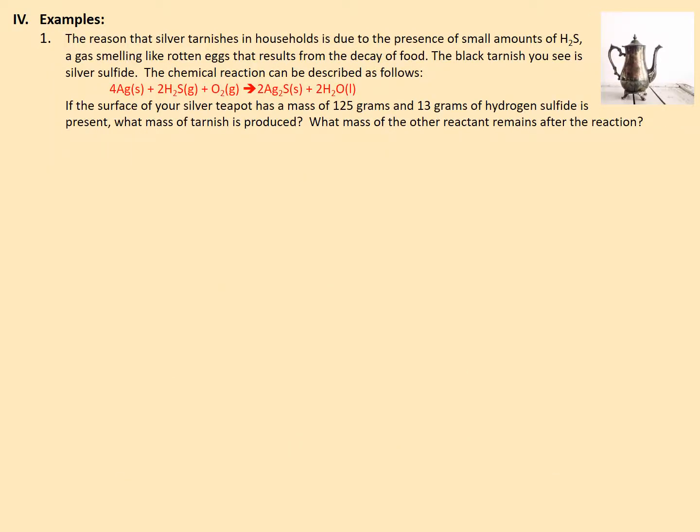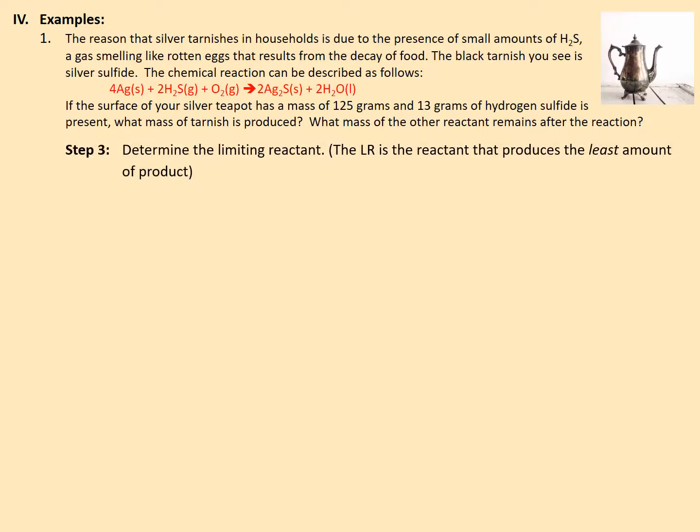All right, so now that we know how many moles of product could be formed from each of the reactants, we're now in a position to determine the limiting reactant. Remember, the limiting reactant is the reactant that produces the least amount of product. So when we compare, starting with 125 grams of silver, we determined that we could produce 0.579 moles of our product, silver sulfide.